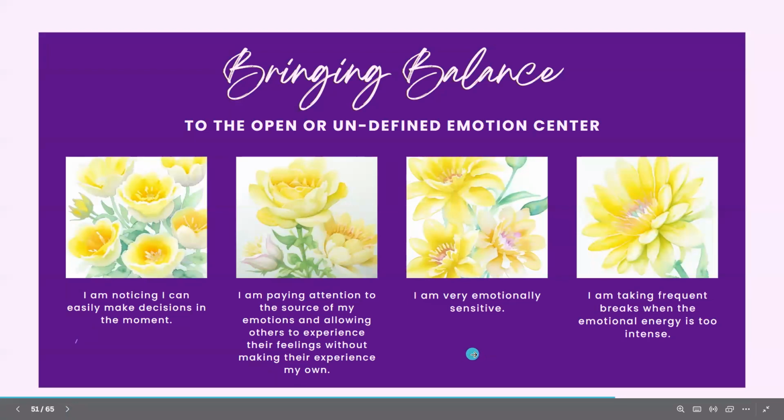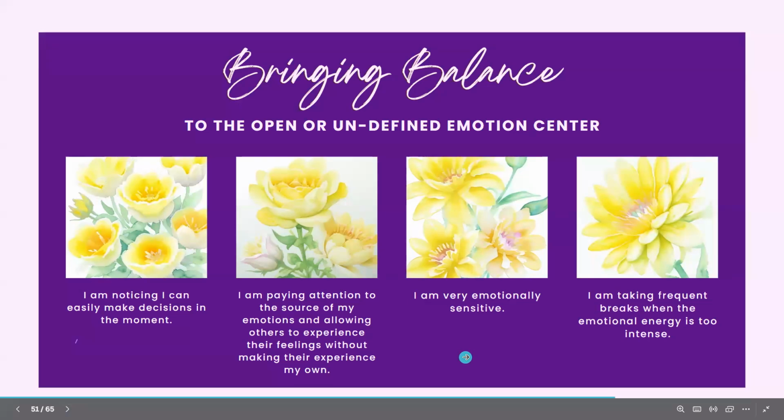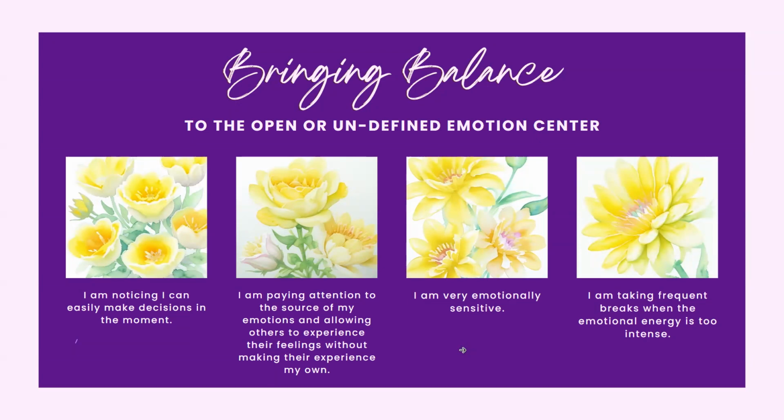Okay, and to help bring balance for the open or undefined emotion center, I am noticing I can easily make decisions in the moment. So you don't have to wait to make your decisions. Like you'll have one of the other authorities that will be faster, and I'm going to have to say easier.